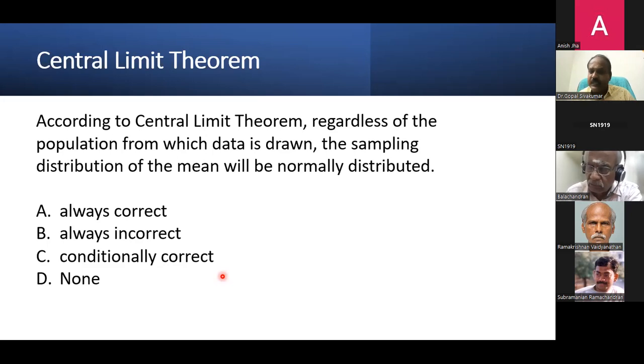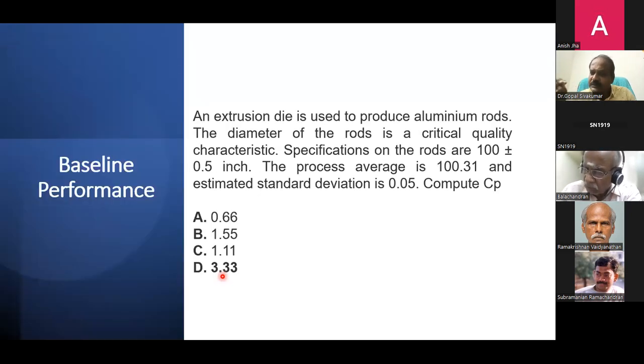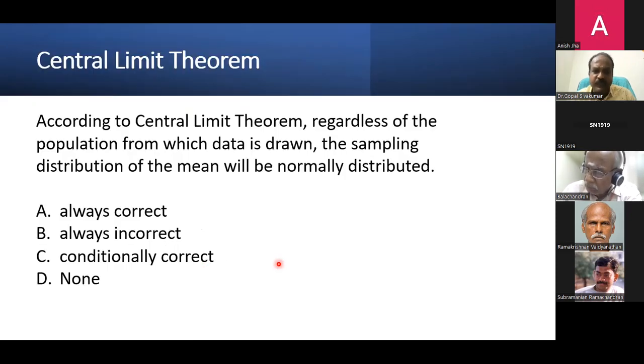Central limit theorem is telling you mean will always get normally distributed. And the only requirement is the sample size or the subgroup size should be adequate. Right. Now read the question and try to give the answer.